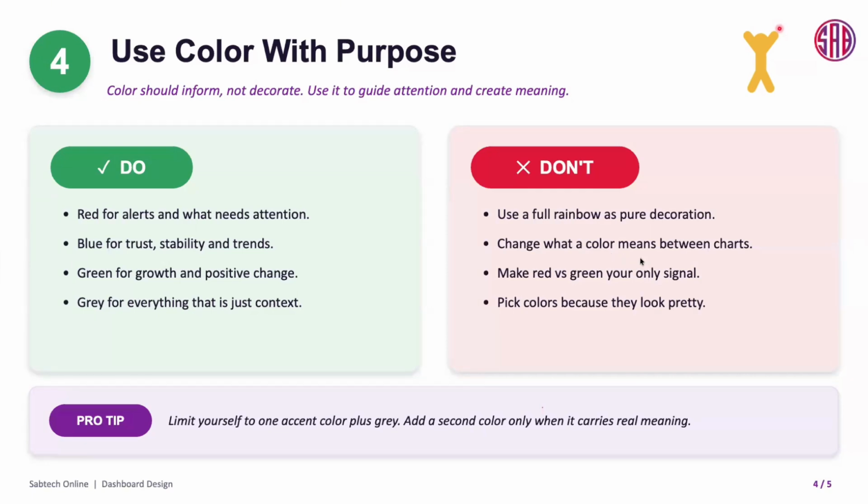Don't change a color between some of the charts. Let's say you're showing categories, maybe the different branches. Branch A on one of the charts is green. When we go to another chart, branch A is blue.